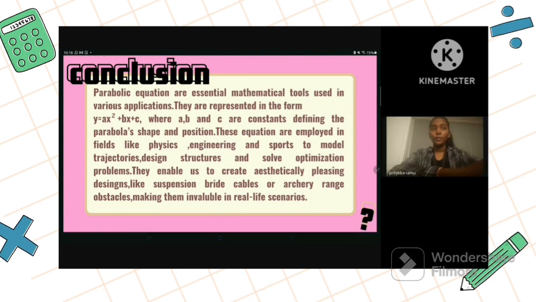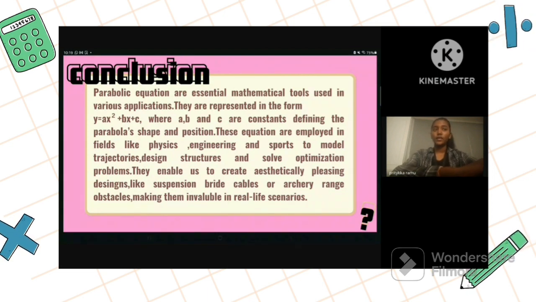As a conclusion, parabolic equations are essential mathematical tools used in various applications. They are represented in the form y equals ax squared plus bx plus c, where a, b, and c are constants, defining the parabola's shape and position.